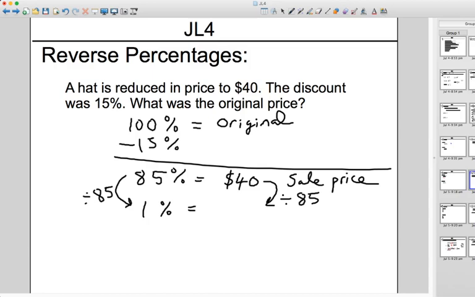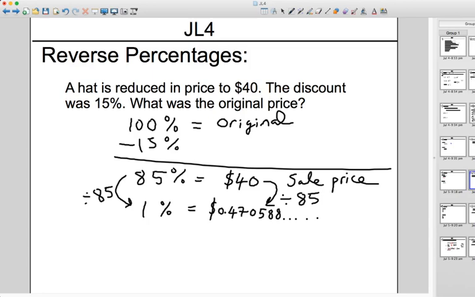And that gives us a horrendous number. 0.47058 dot dot dot dot dot.